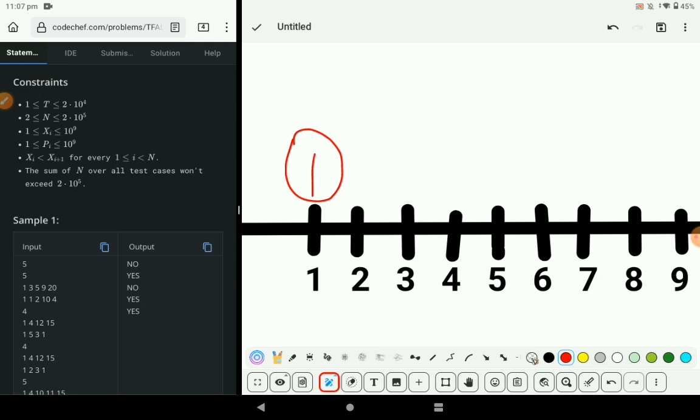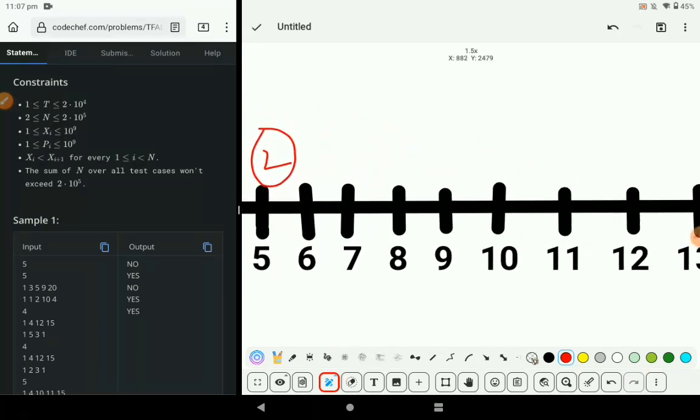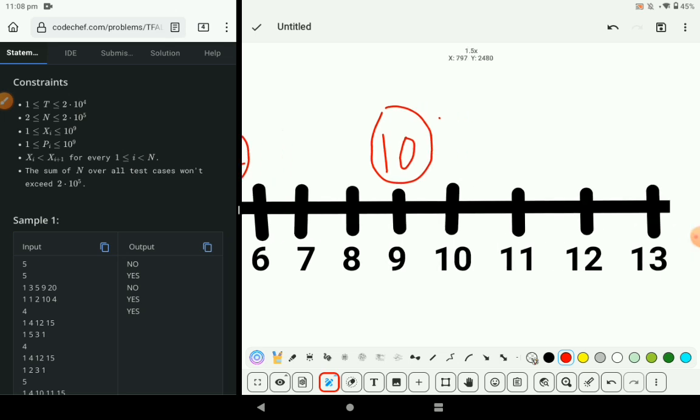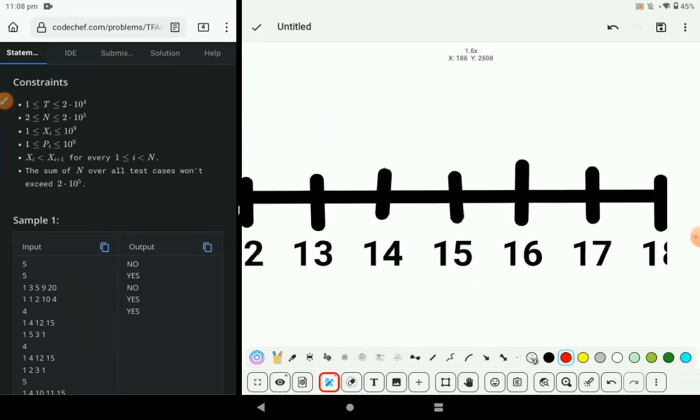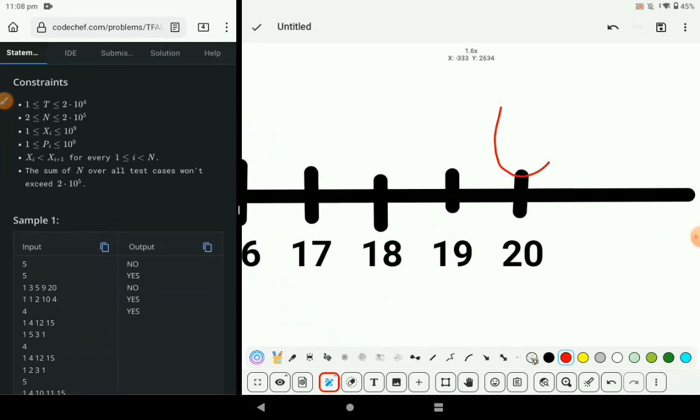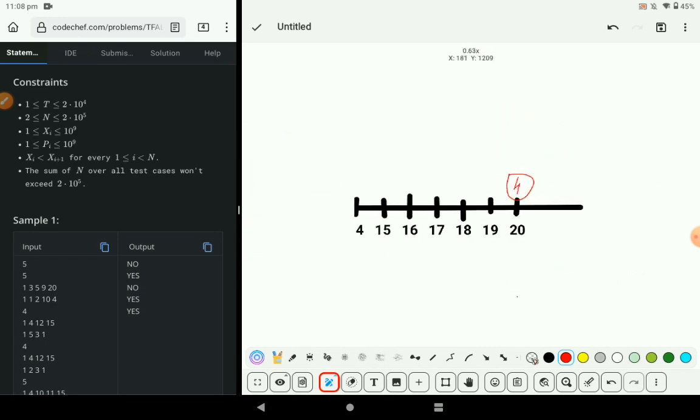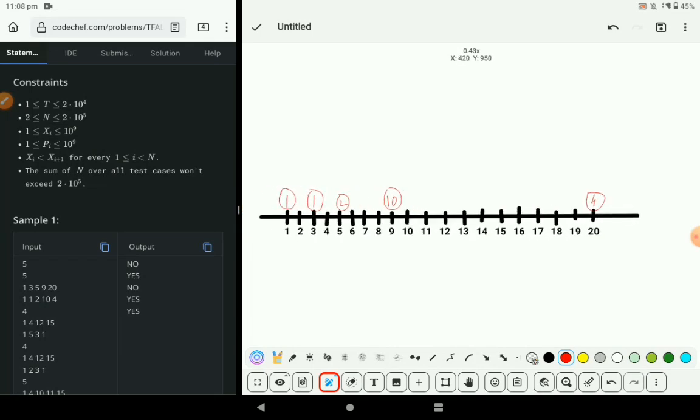The second ball is at index 3 and its power is also 1. The third ball is at index 5 and its power is 2. The fourth ball is at index 9 and its power is 10, the maximum power. And the fifth ball is at 20 and its power is 4. We have got all 5 balls in position. Is that clear?